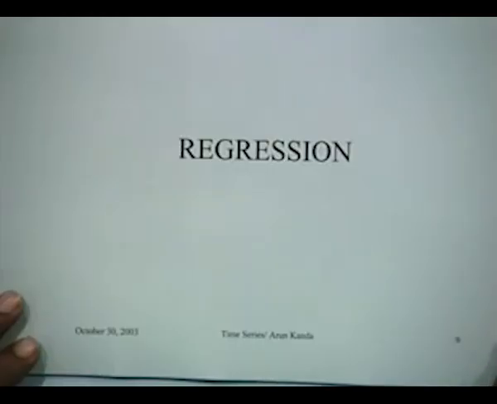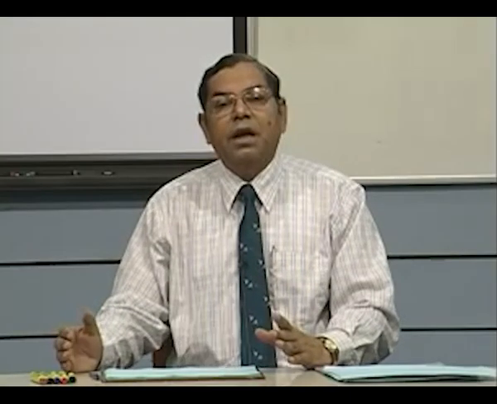After this, let's come to regression. Regression is the methodology that is quite often used, for instance, in trend extrapolation and causal models, for defining a function which can be used for purposes of making forecasts of demand.